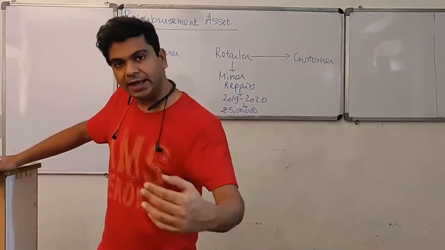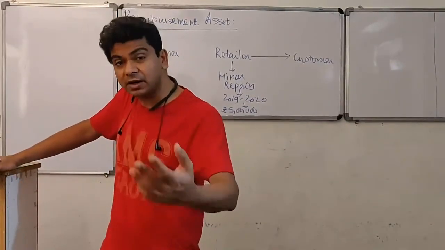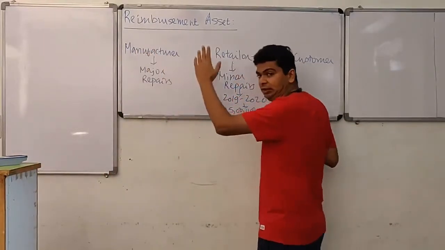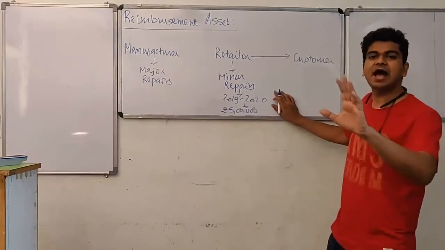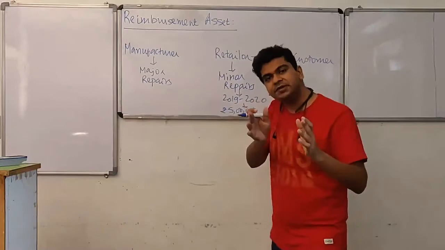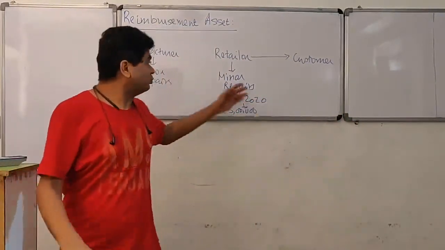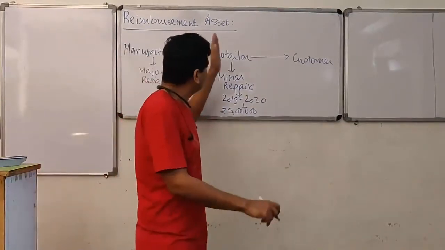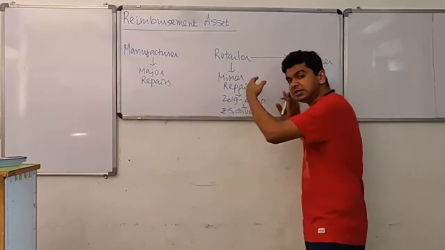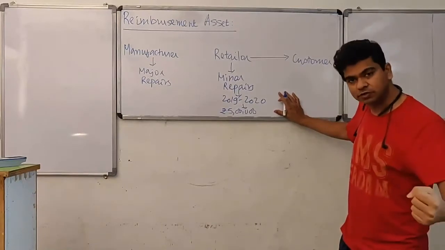So at the year end, whatever documentations and proofs are required, the retailer is providing those to the manufacturer, arguing that I have incurred 5 lakhs of rupees of minor expenses, please reimburse this particular amount. When the manufacturer will reimburse this expense to the retailer, it will give rise to an inflow of resources.